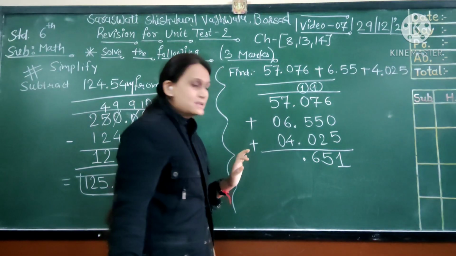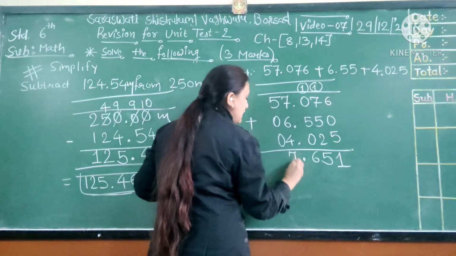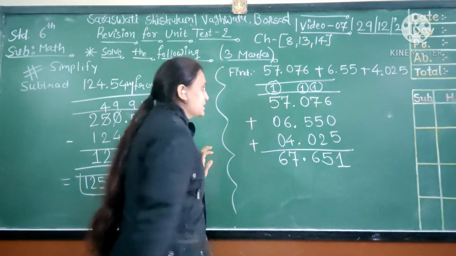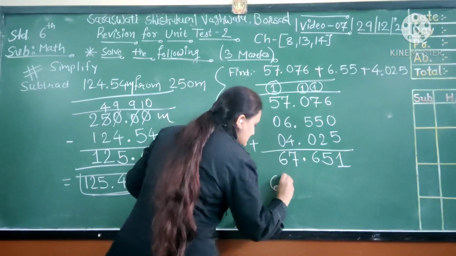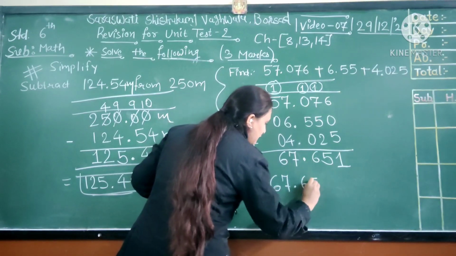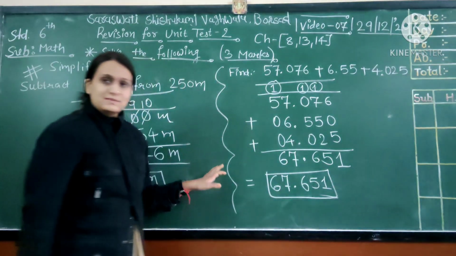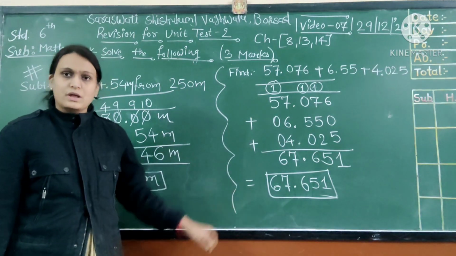Decimal will be as it is, okay. 6 plus 4, 10 plus 7, 17, carry over 1. And 5 plus 1, 6. So here we got the addition answer as 67.651. Okay, so you can simplify addition and subtraction in this way.